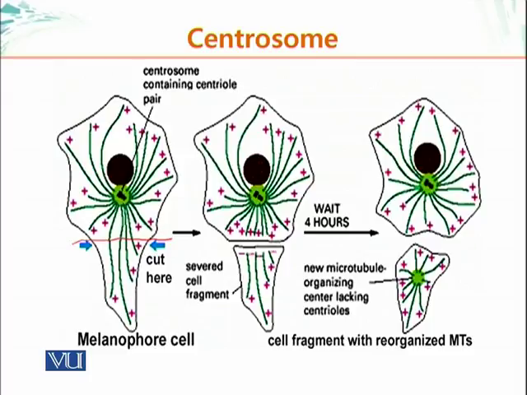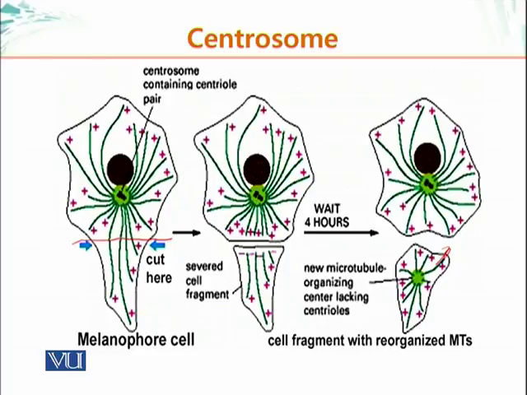After a certain amount of time, what we see is microtubules organize themselves. These microtubules have the same organization as they have inside the cell, which is plus end towards the cellular membrane, the plasma membrane, and minus ends towards the center. So how do microtubules organize themselves without the centrosome?